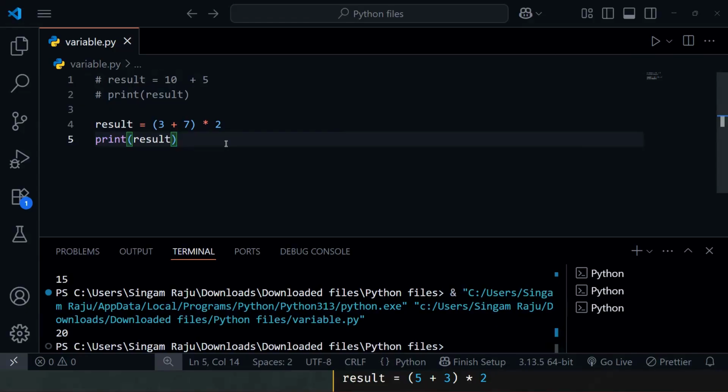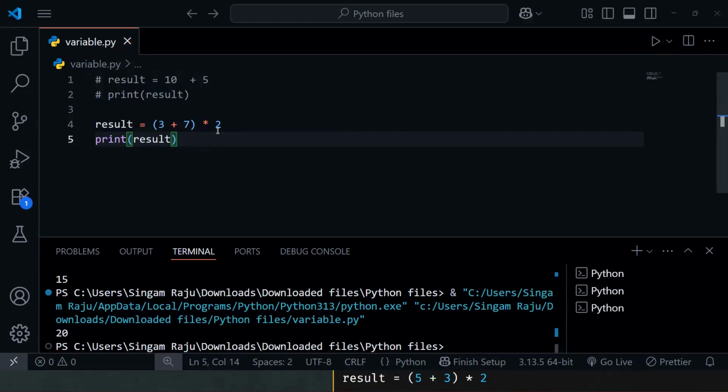So if you observe, here is where it gets interesting because without the parentheses, Python would multiply first. Even we do the same. We will multiply 7 into 2, and then we will add 3 to it. But the brackets force Python to add these two numbers first, 3 plus 7, 10, and then it multiplies that by 2.